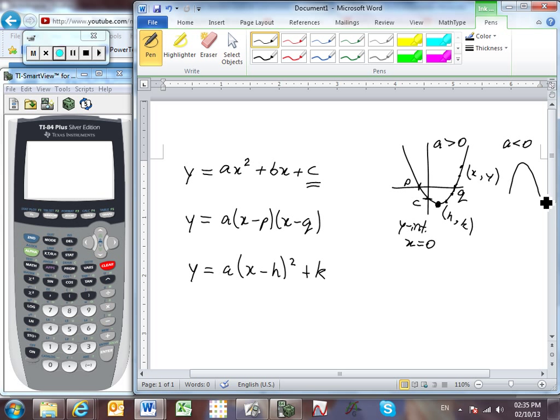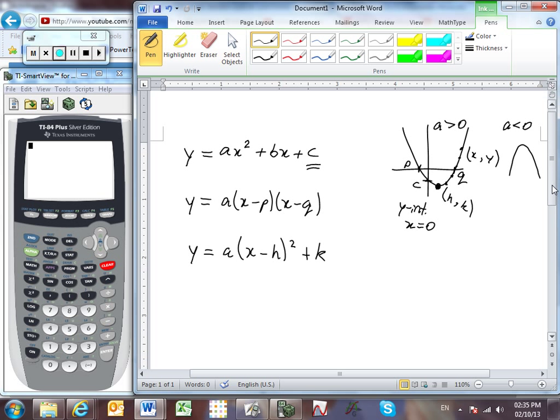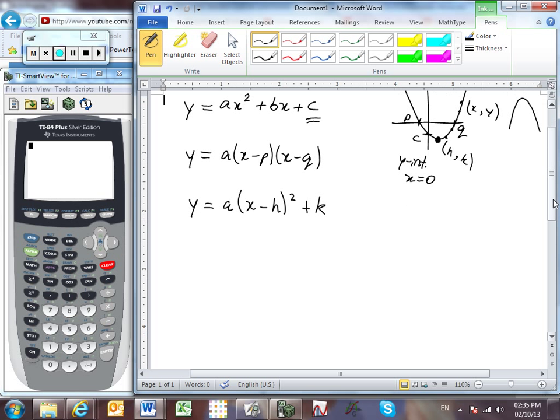So maybe I should just show you a quick example where we're using real numbers. So suppose that we were dealing with the function y is equal to x squared plus 3x. Actually, I changed my mind. Let's make it a 4x.